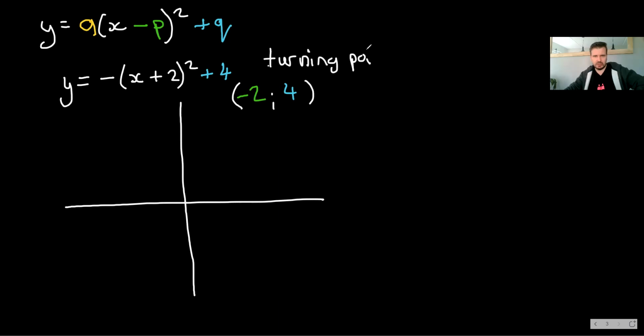So if I was to go on here, I'd say, right, there's a 4 here. Y is 4, beg your pardon, y is 4. So around there. And then, not this side. And then the x is -2, so it'd actually be on that side.